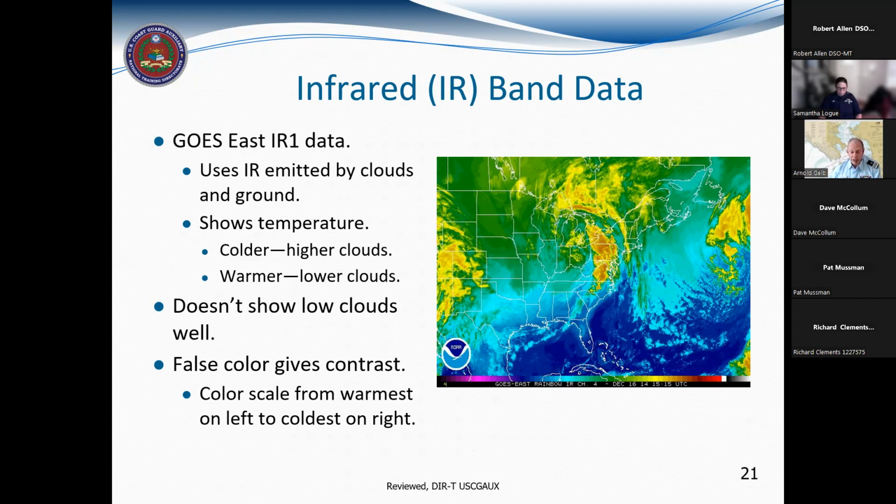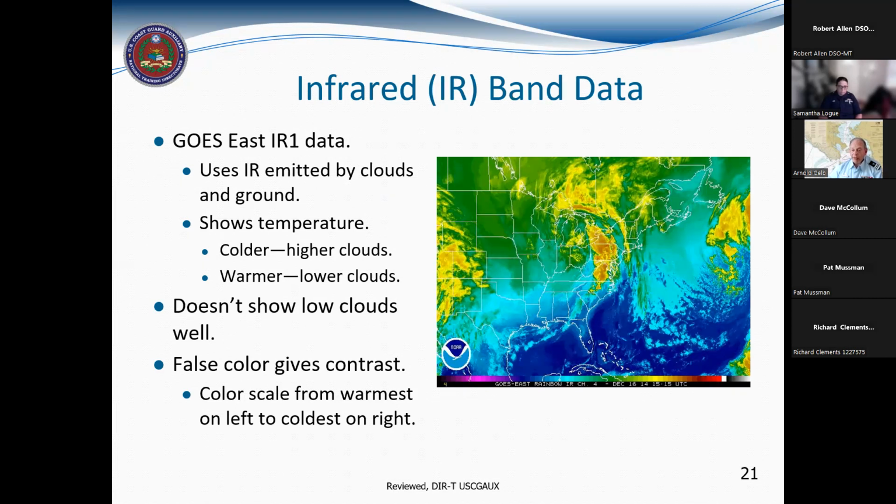Colder corresponds to higher clouds, and warmer corresponds to lower clouds. It doesn't show low clouds very well, and again, false colors are assigned using the scale on the bottom to provide contrast, and the color scale goes from warmest on the left to coldest on the right.